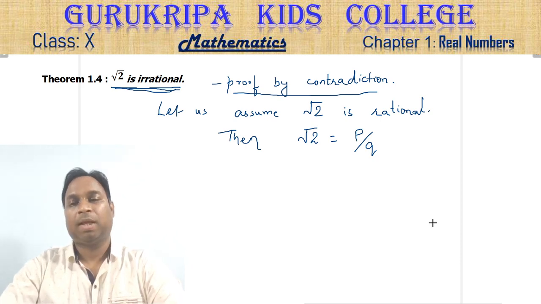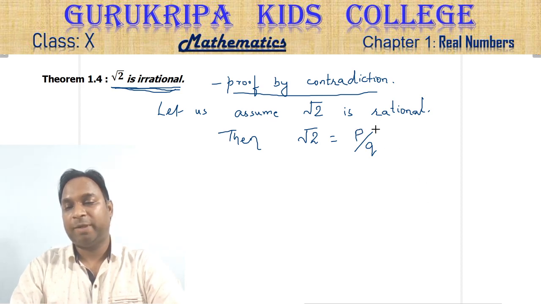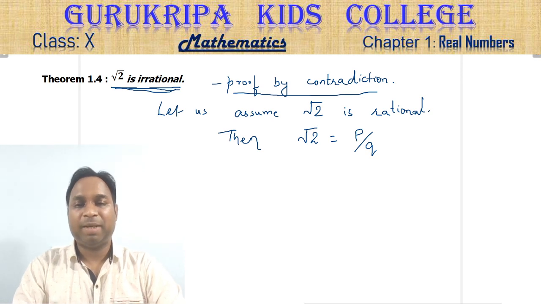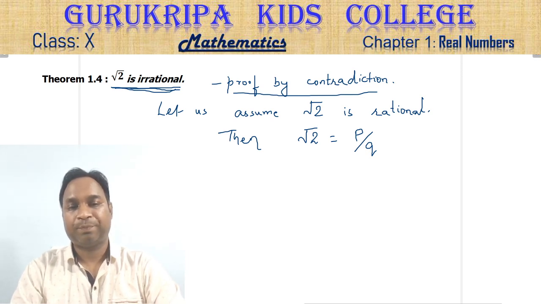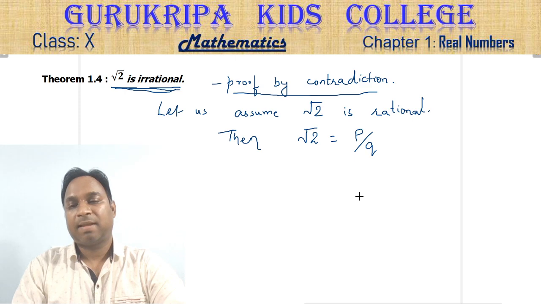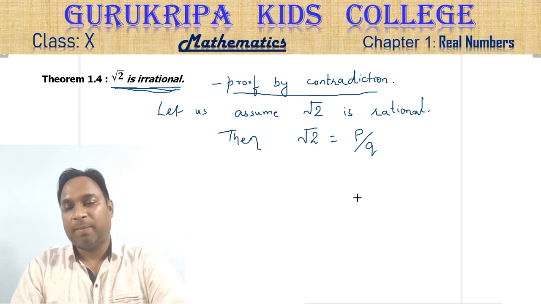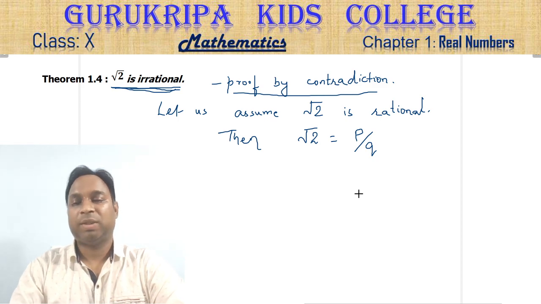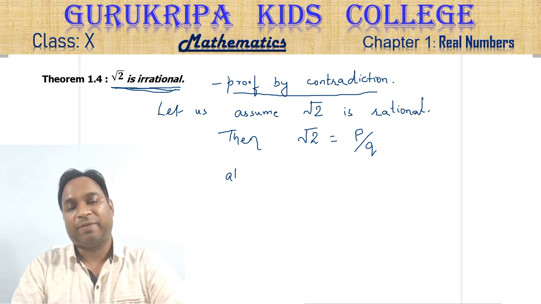Now there may or may not be any common factor between p and q. If there is any common factor, then we convert it to the simplest form.